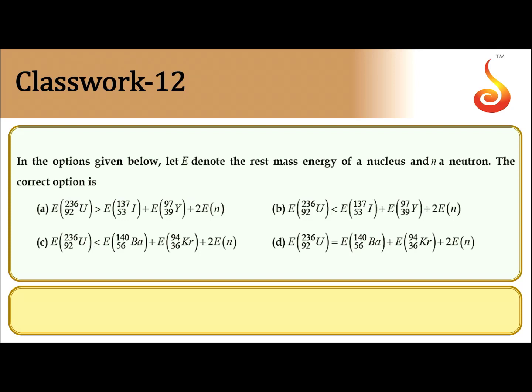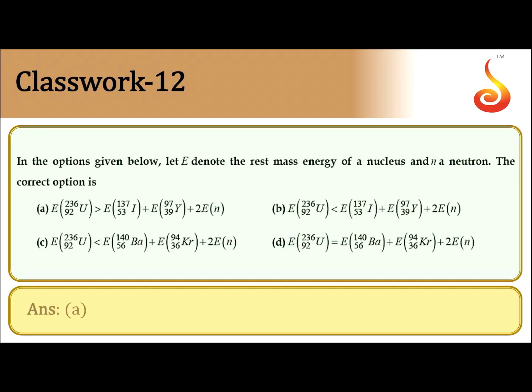So what does it mean? If you look at the equations, the one that is most possible corresponds to the one where the final particles or the decayed particles will have kinetic energy, and the neutron which is decayed will also have kinetic energy, and therefore A is the most appropriate choice here. A is our correct choice.